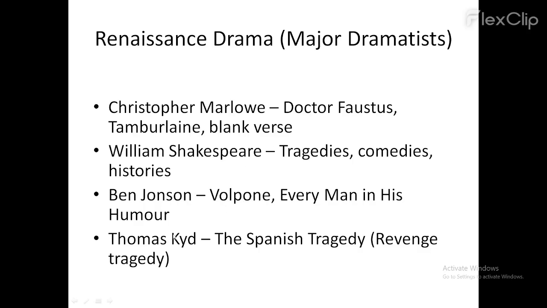So, the next is Thomas Kyd. The Spanish Tragedy is his famous tragedy. It is a revenge tragedy. William Shakespeare's Hamlet got inspiration from Thomas Kyd's Spanish Tragedy.